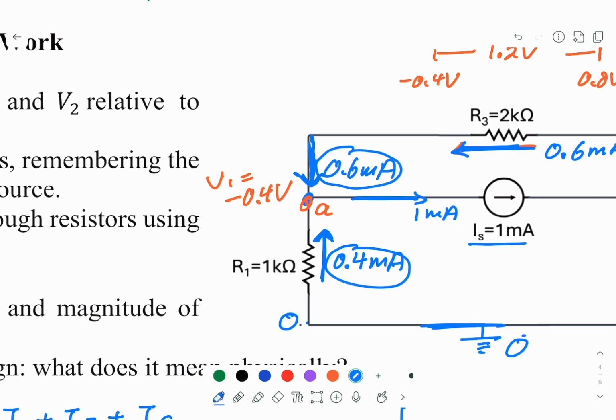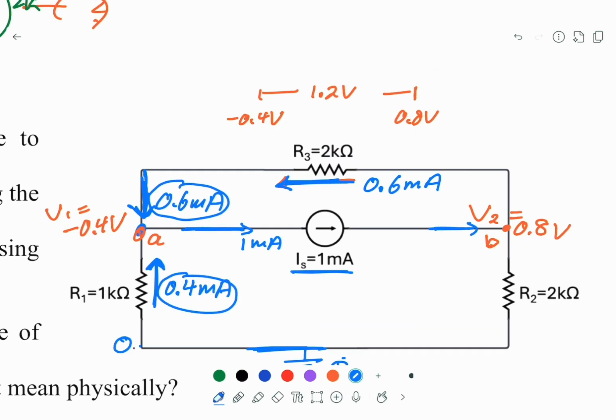This is IS. This is 1 milliamp, and this one is 0.6 milliamp.